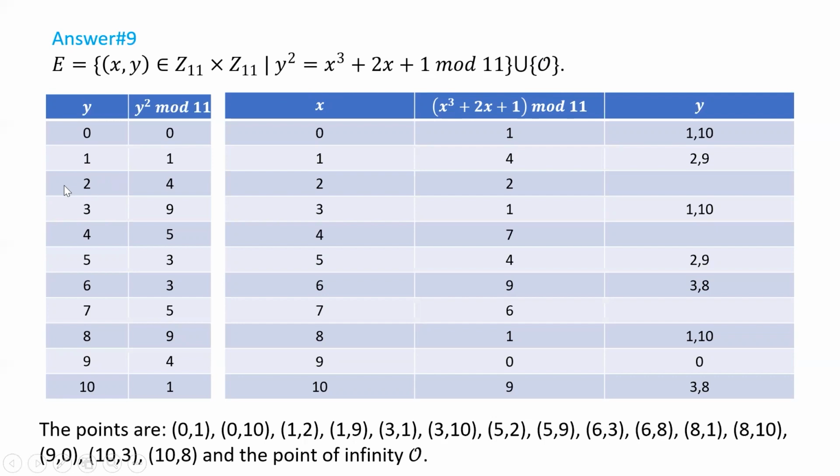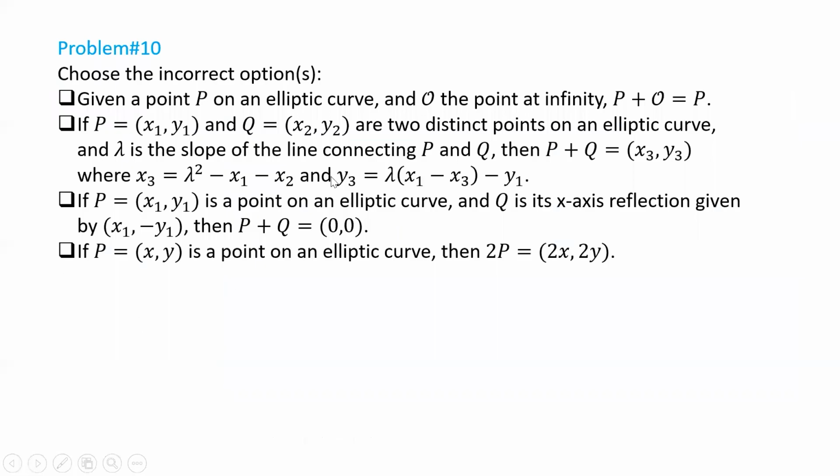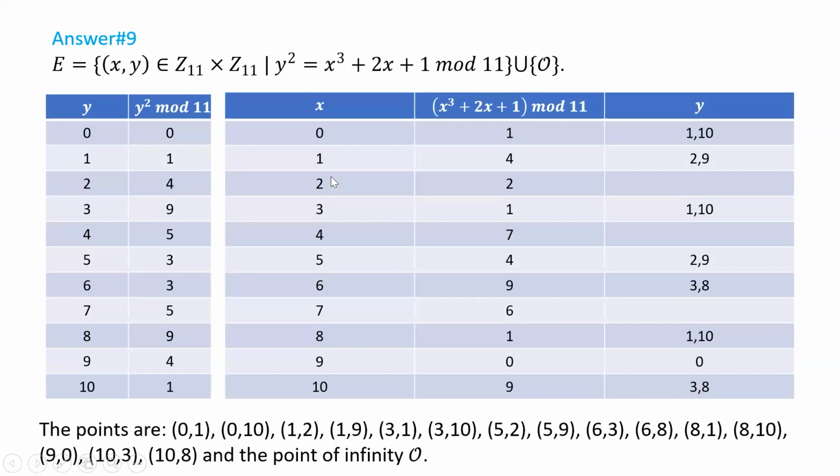Now, how many such pairs x, y exist which satisfy this equation? You can simply first check which are the square residues in this group, that is, which elements in Z11 are perfect squares modulo 11 for some element in Z11.